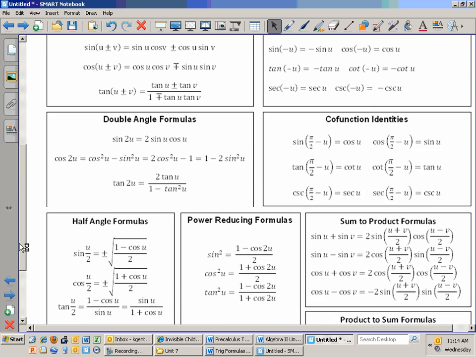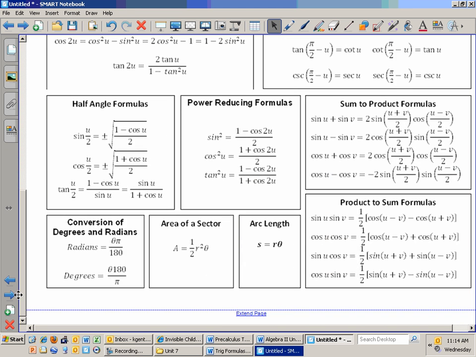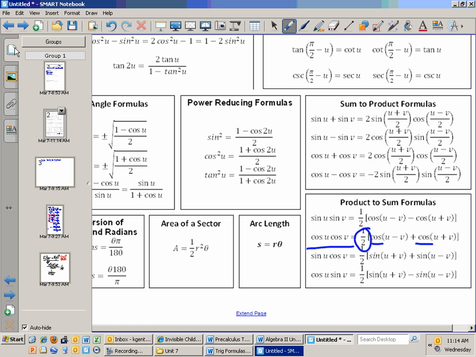Okay, boys and girls, again, here's your formula sheet. And please take note of a couple things. First of all, this is the formula that you want. There's a 1/2 out front. So if you multiply the 1/2 by 3, you get 3/2. And please also notice that you have 2 cosines. There's not just one.